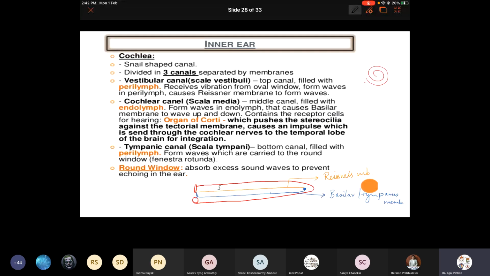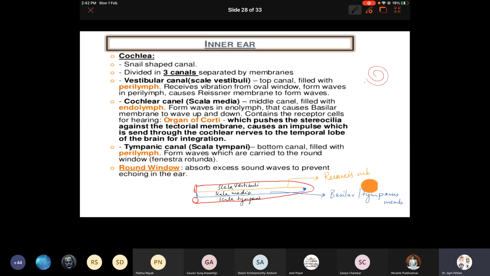The upper one is called scala vestibuli. The lower one is called scala tympani. And the middle one is called scala media. Everybody got this point?